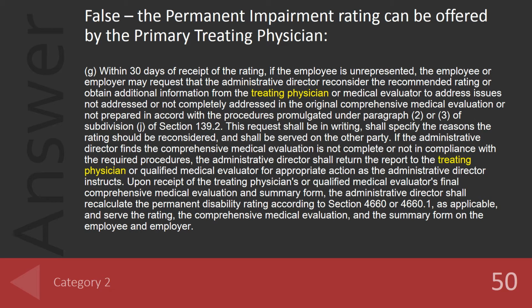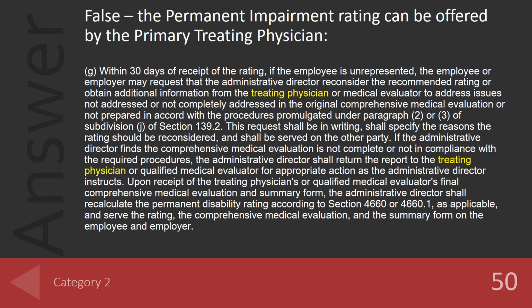But before we do that, let's just summarize Labor Code 4061. And that is that 4061 is the code that we refer to for the resolution of disputes over two simple issues. And that is the existence and extent of permanent impairment. That's one issue, the existence and or the extent of permanent impairment.